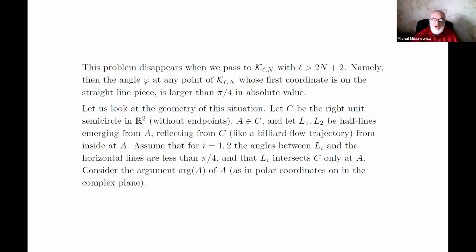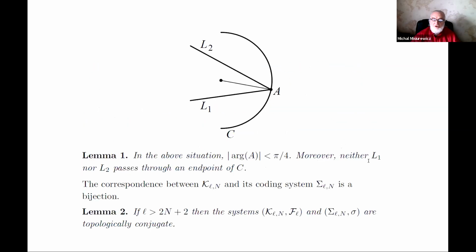And we consider the argument of A as in polar coordinates. And then you can see that the absolute value of this argument is less than pi over 4.